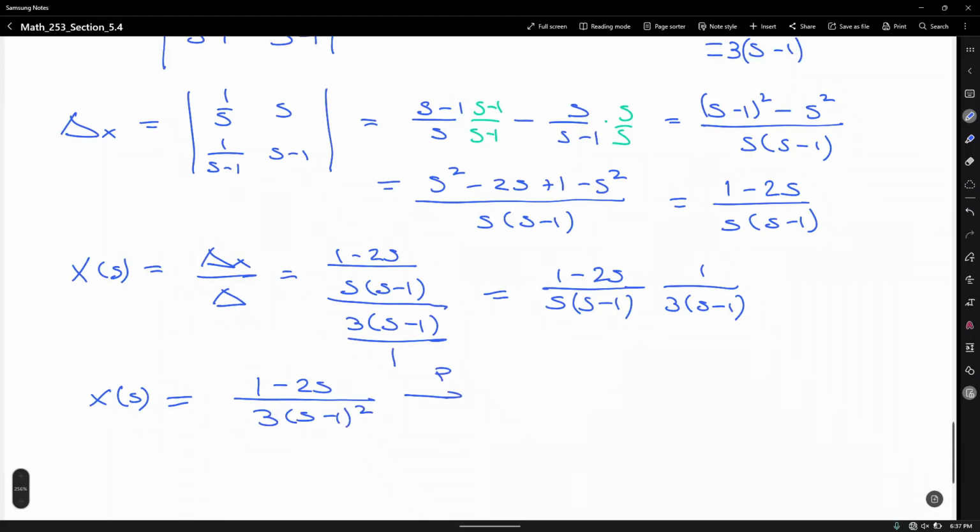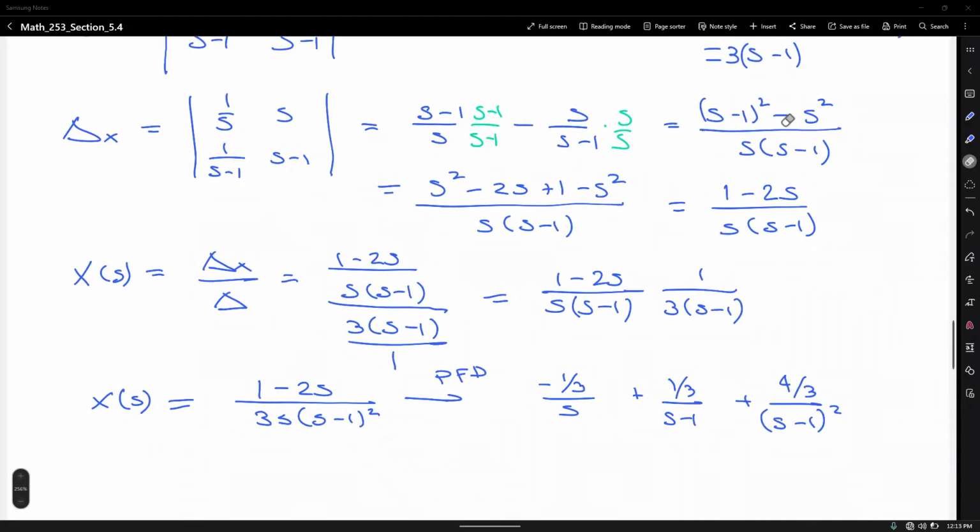After doing partial fraction decomposition, which I'm going to skip, you should get negative 1/3 over s plus 1/3 over s minus 1 plus 4/3 over s minus 1 squared. And it seems like I made a couple of mistakes in here.